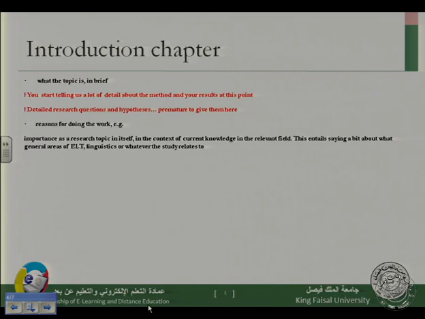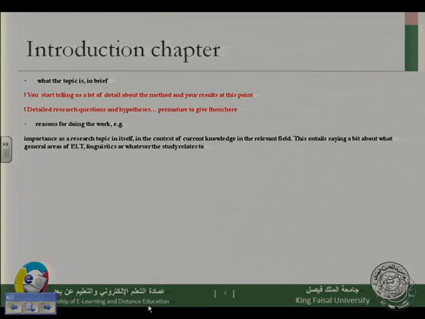Let's say that, well, I want to do this research because it is very important to my context, to the wider context, Saudi Arabia, or to a smaller context, to my school, for example, or to my workplace. This entails saying a bit about what general areas of ELT, linguistics, or whatever the study relates to.